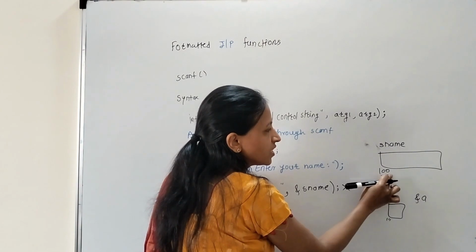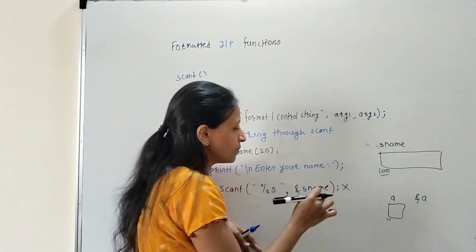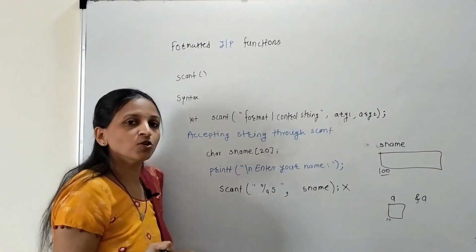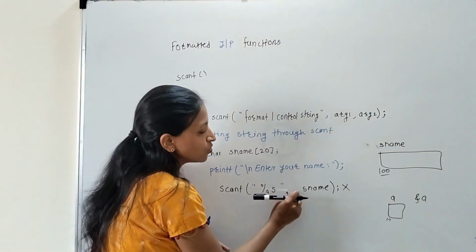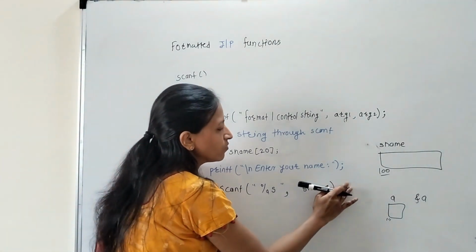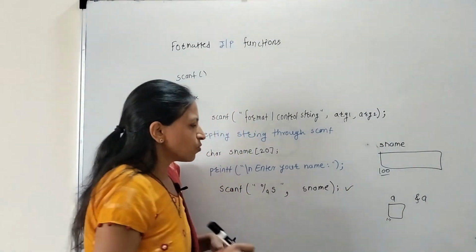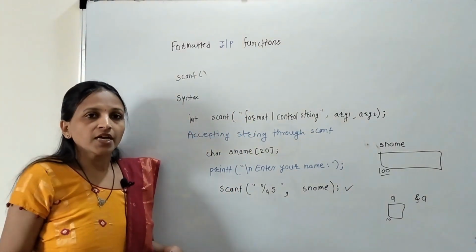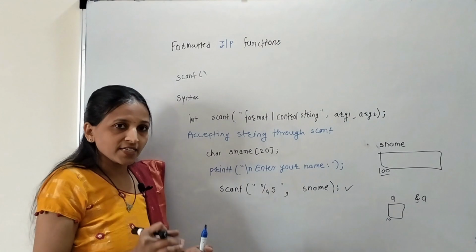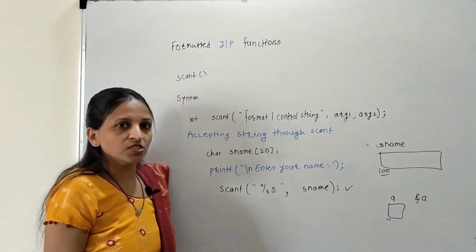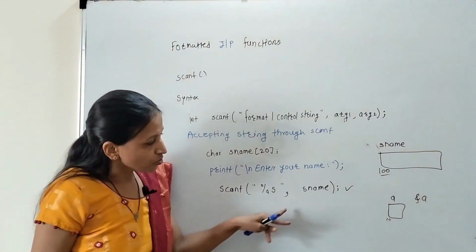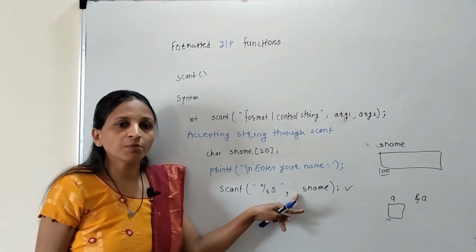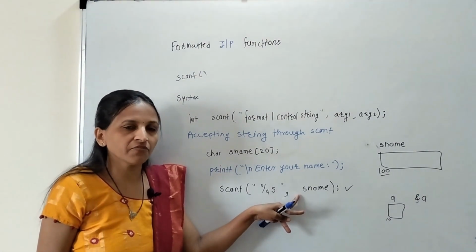For fetching this 100 we have to directly use the array name, because the array name itself holds its base address. That's why don't write ampersand here. Now it is correct. We'll just remember here that for accepting a string using scanf, don't use ampersand before the string variable name.